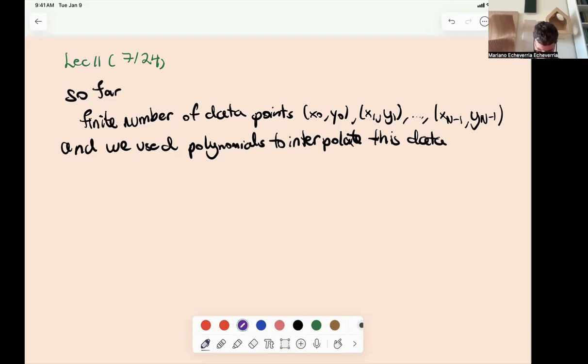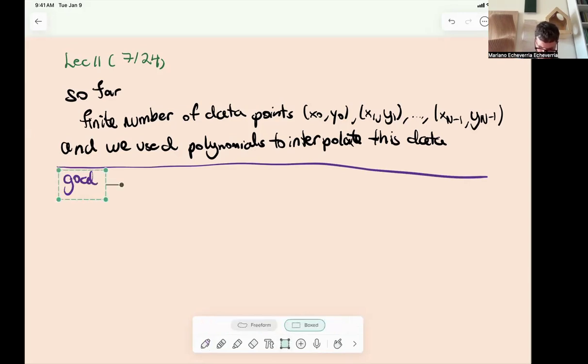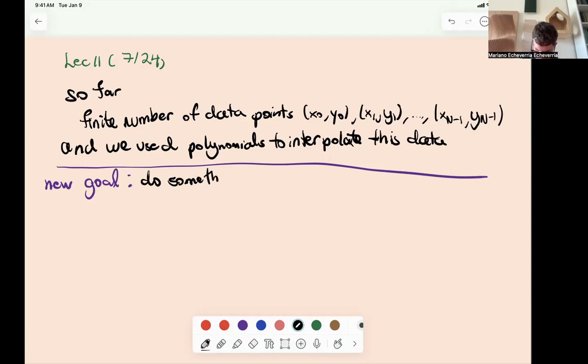So now the new goal is to do an analogous version of this, something similar, but now for an infinite amount of data.